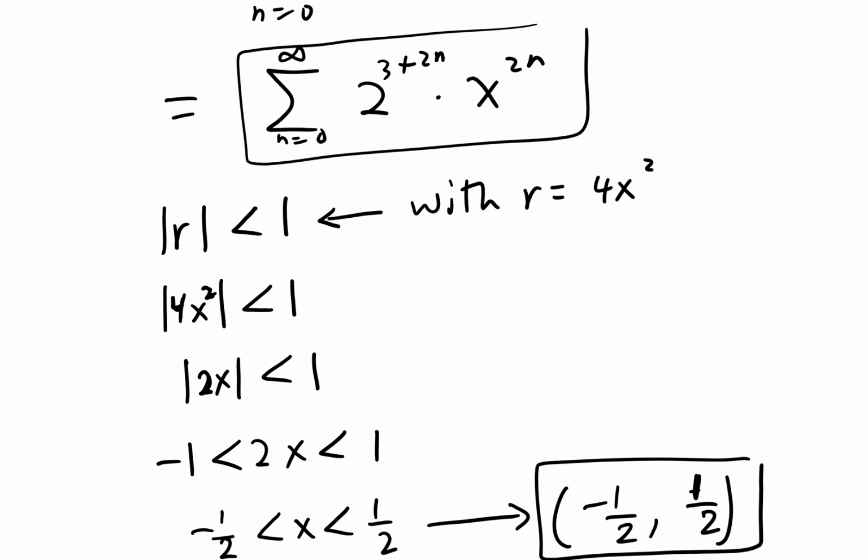And what happened is the 4x squared is kind of like, think about, you did the square root on both sides, right? You get 2x less than 1, and then you drop it that way. If that was 8x squared, you do 2 square root of 2x. If there was 9x squared, you do 3x absolute value.